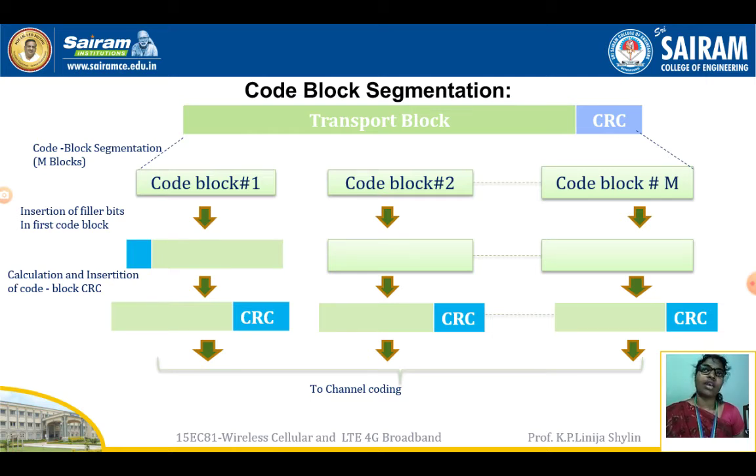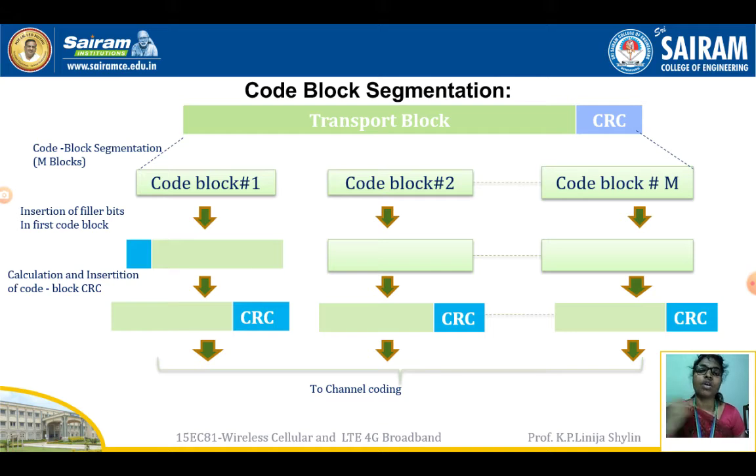So we are all aware that in the channel coding, the transport block entering the system is encoded. The main function of this segmentation is to fragment a large transport block into smaller code blocks.